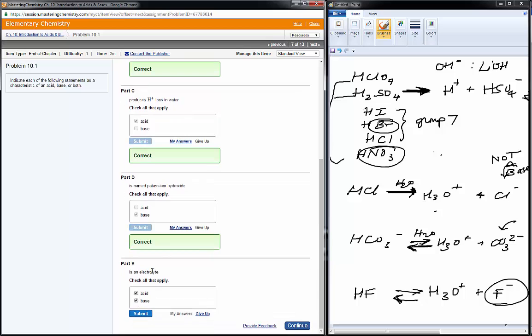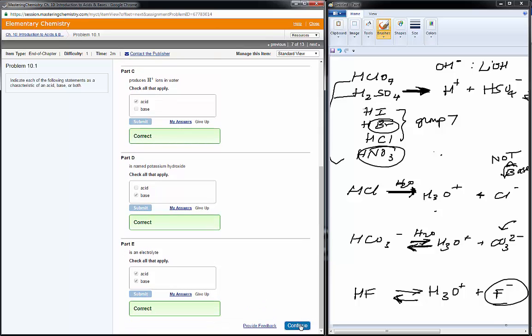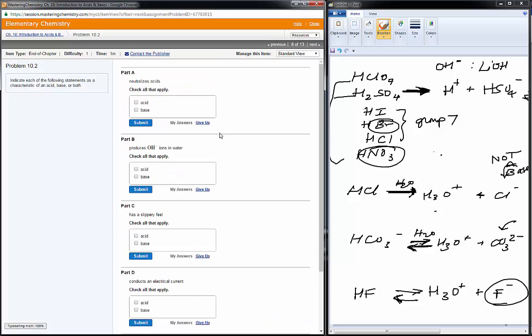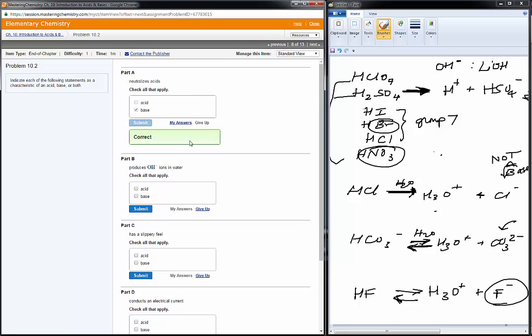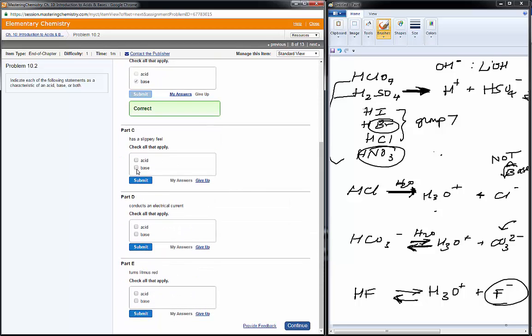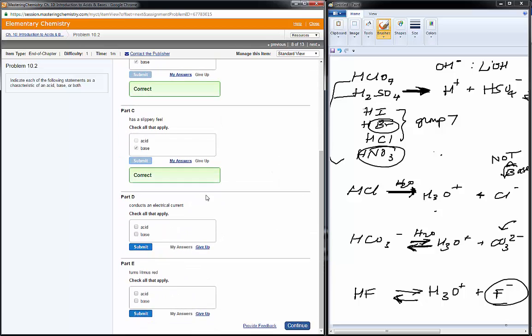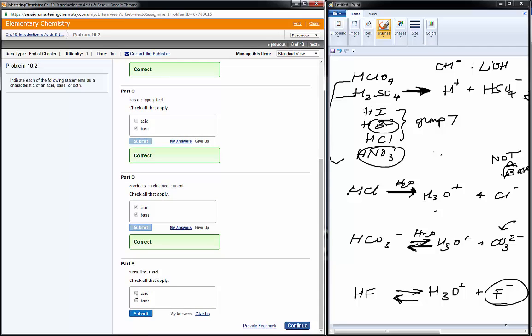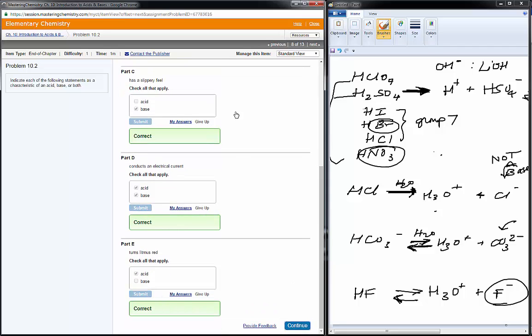Both acids and bases would be electrolytes because they donate ions to solution. Bases will neutralize acids. Bases produce hydroxide ions and water. Bases feel slippery. They both conduct electrical current, that's the definition of an electrolyte. And we said that acids turn litmus paper red.